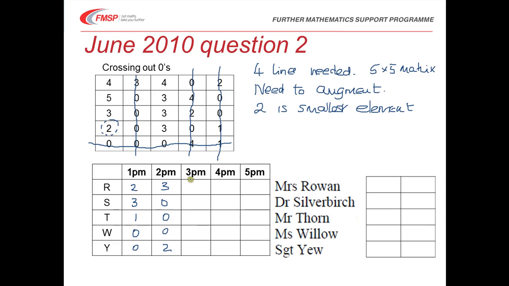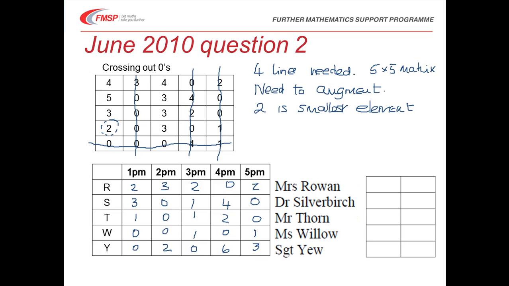And then we'll take 2 away from each of these, so it's 2, 1, 1, 1, and that one doesn't change. This doesn't change, except we add 2 on to that because it's covered by 2 lines, and again the same here, 2, 0, 0, 1, and we add 2 on here. So we have now augmented.